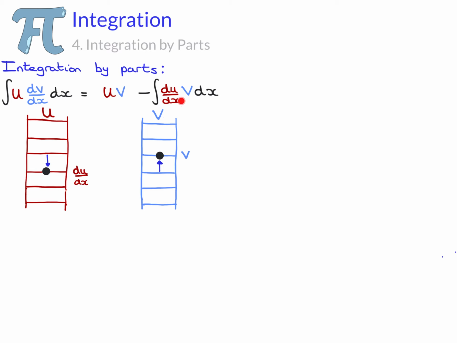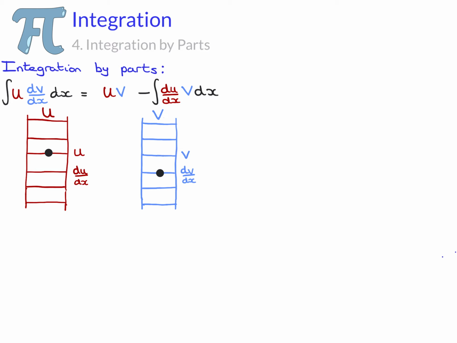The integrals are close to being the same as each other, but we get a byproduct when we switch the positions on the ladder. The byproduct is in fact given by u times v, the higher level for each of the functions multiplied together. This is outside of the integral and so poses no problems.